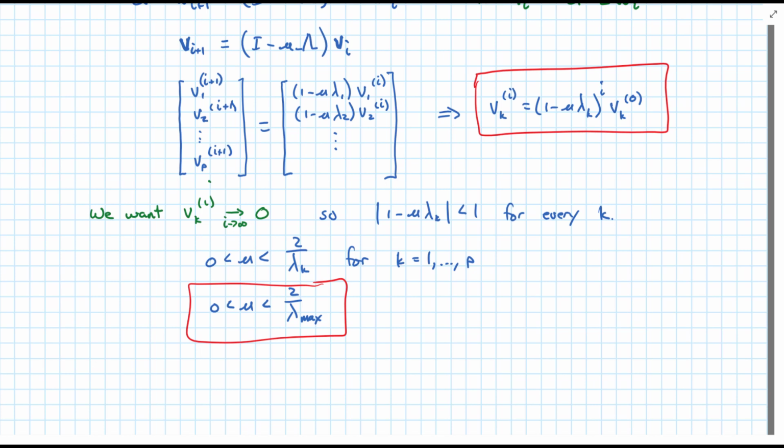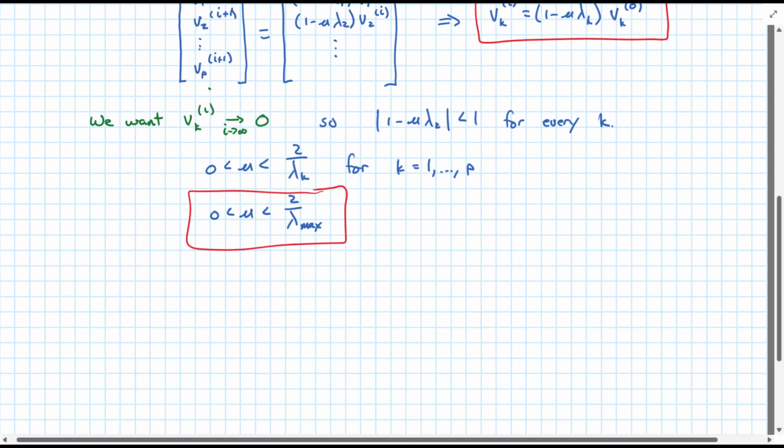With the one-dimensional case, we were able to come up with a method of jumping to the correct solution in a single step. That was mu equal to 1 over, in that case, Ry, which was a scalar. In this case, we get the same type of behavior.